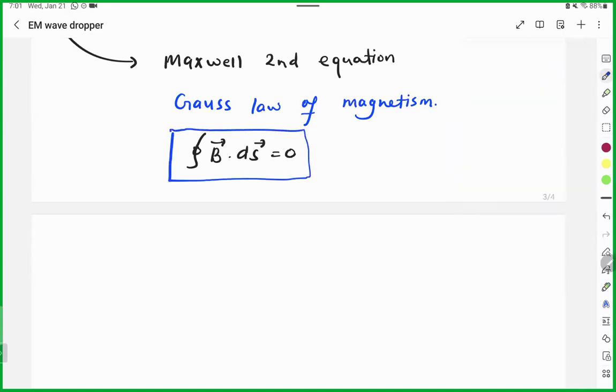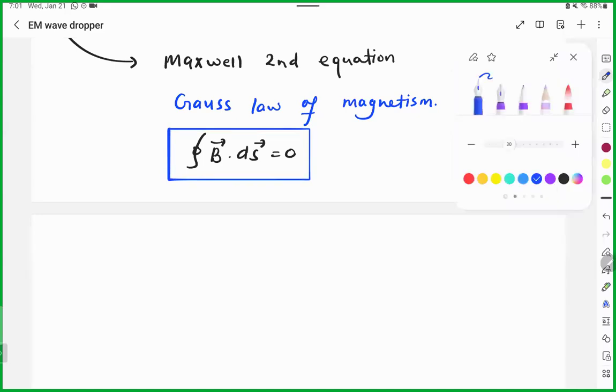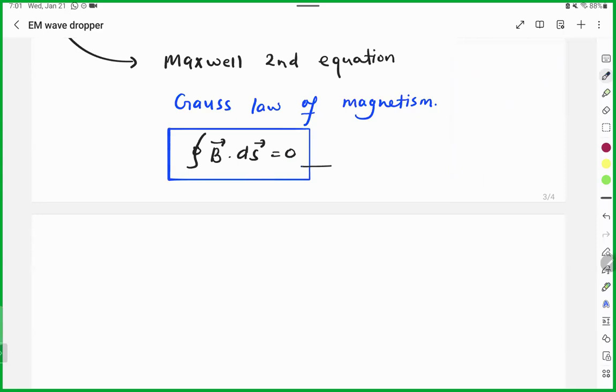In a closed surface, it remains 0. Reason: same closed surface. Any doubt, Sarah? No, sir.